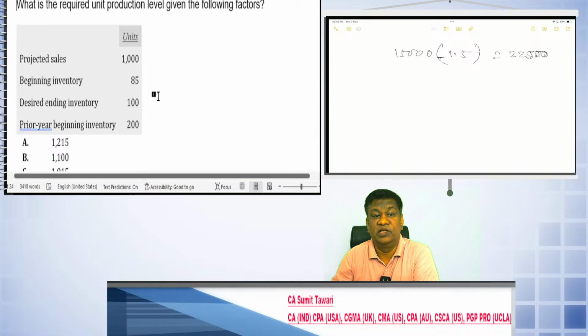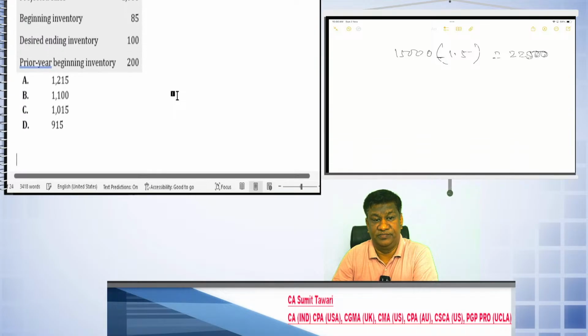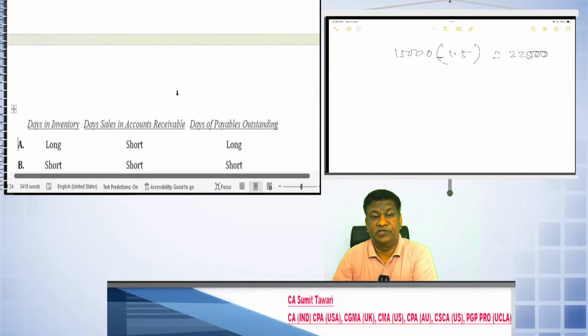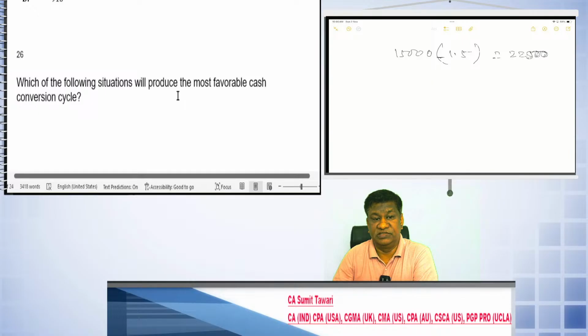Sir, I think that prior year inventory we will need to ignore. Ignored, yeah, correct. So it is 1085 and 100. On that basis, we need to calculate. Okay. So 1000 plus 100 minus 85, right? 1015, correct. Question number 26.